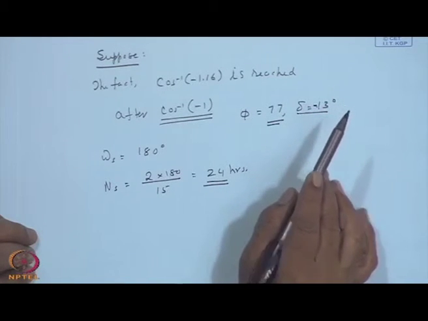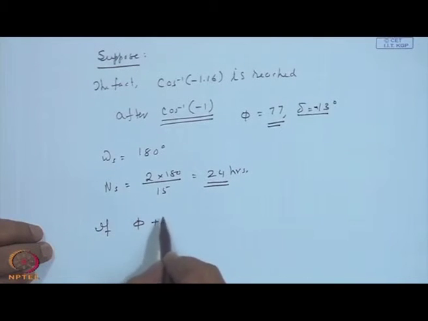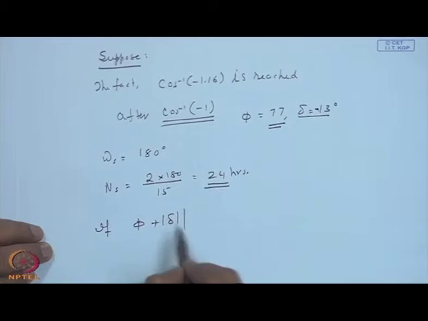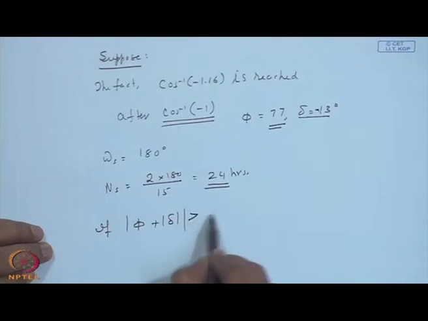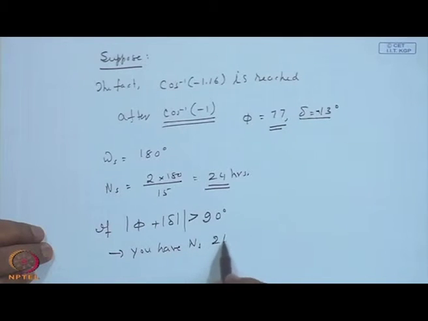If phi plus mod delta is greater than 90 degrees, you have n s 24 hours or 0 hours.